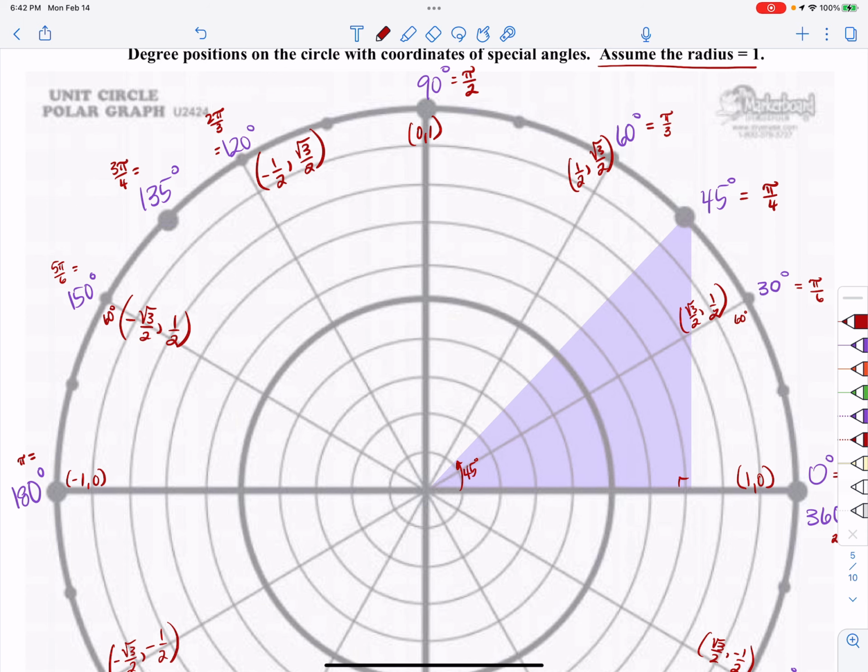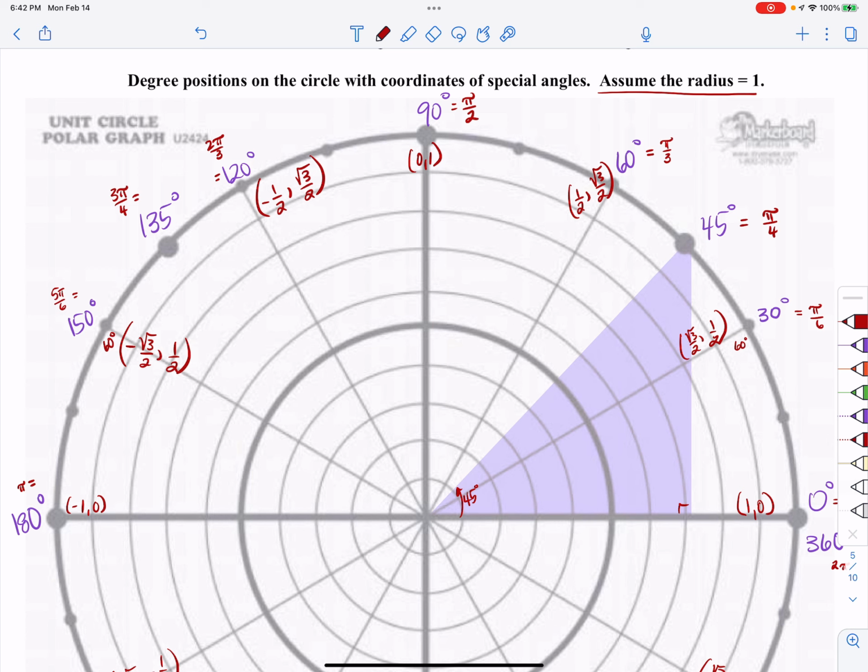And the hypotenuse is going to be 1 simply because we've already said that the radius is equal to 1. And so the two legs then will each equal root 2 over 2. So the coordinate then, the x value is root 2 over 2. That's my to the right value. And my upward value is also going to be root 2 over 2. These are always going to be the exact same value.